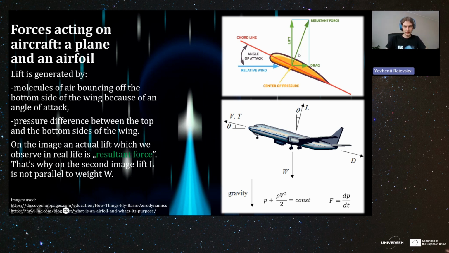So here is the zone of lower pressure, and here is the zone of higher pressure.